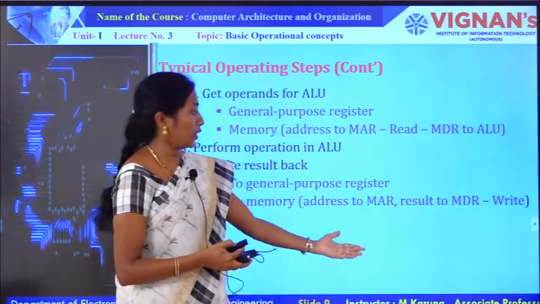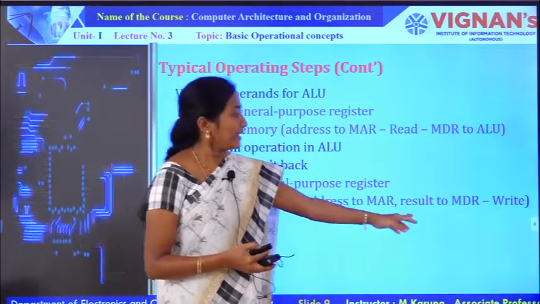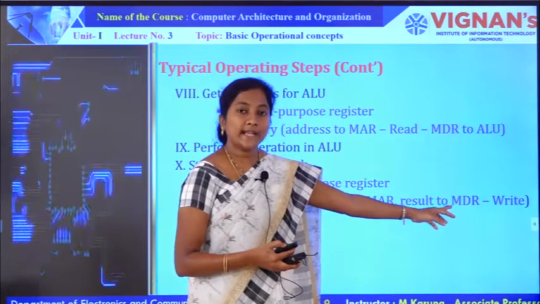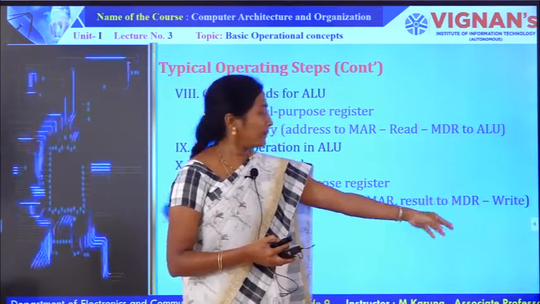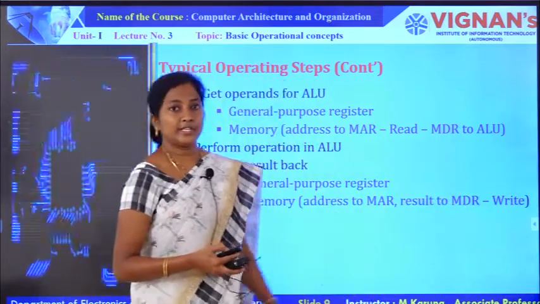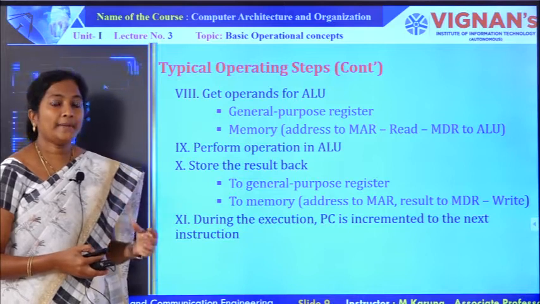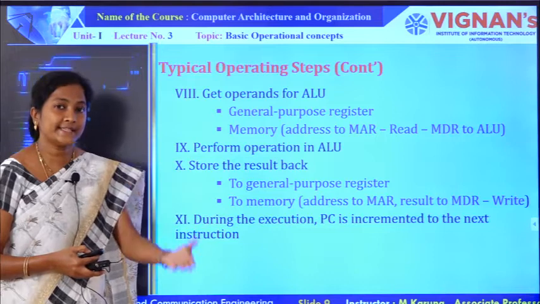First, the address is transferred to the memory, then whatever the output data is available in MDR will be loaded to the memory after the control unit issues the write signal. Program counter will be automatically incremented by 1 for performing the next instruction.